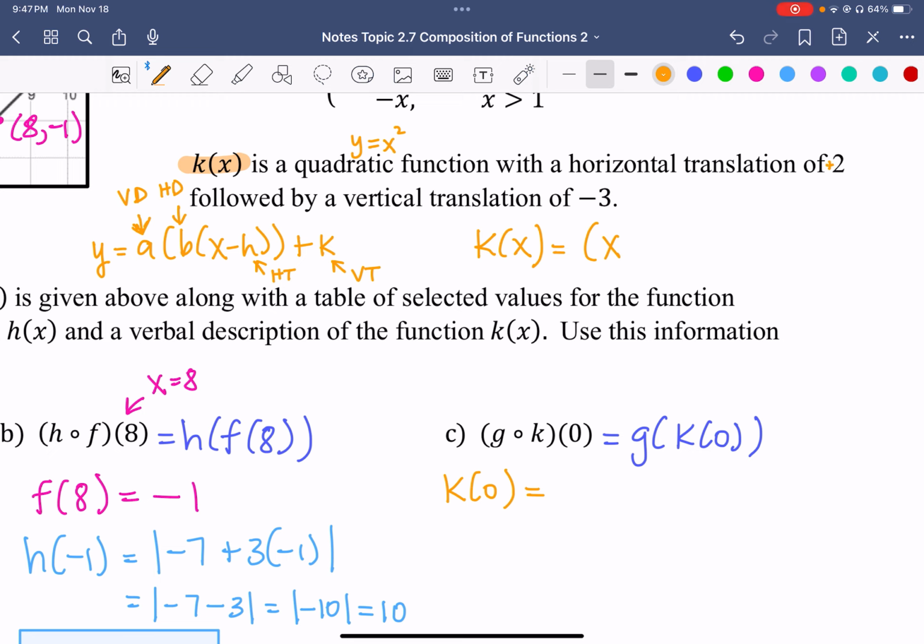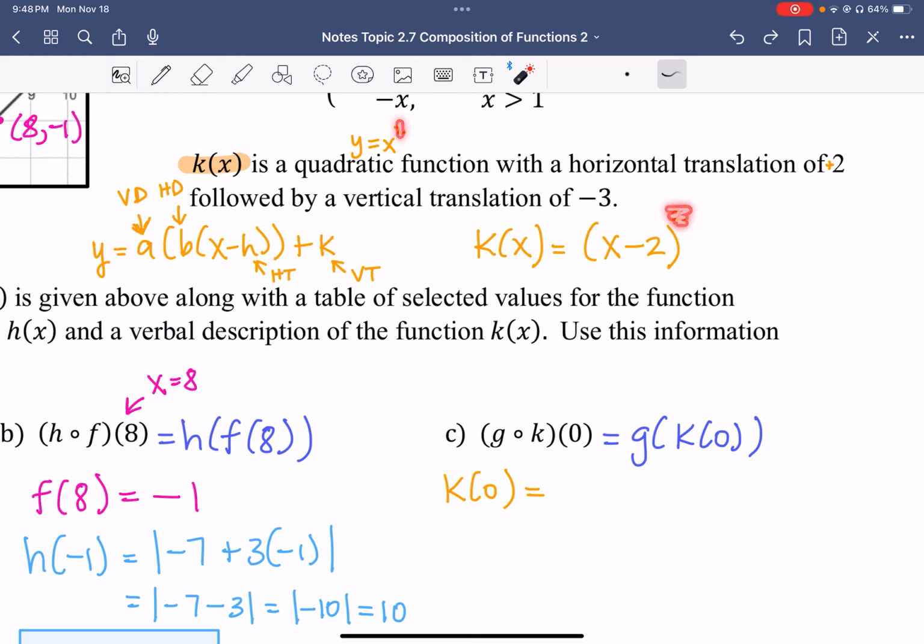So instead of saying plus 2, I'm going to say minus 2. And then because this was quadratic, I am going to be making this squared. So if this had been cubic, I would just put a 3 on the outside. Or if it had been a quartic, I would put 4 as the exponent. Or if it was linear and the exponent is 1, I would just put 1.